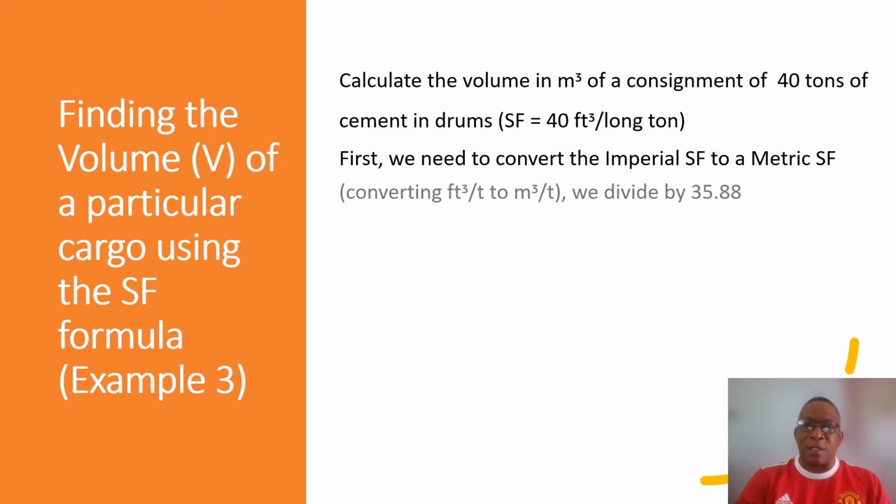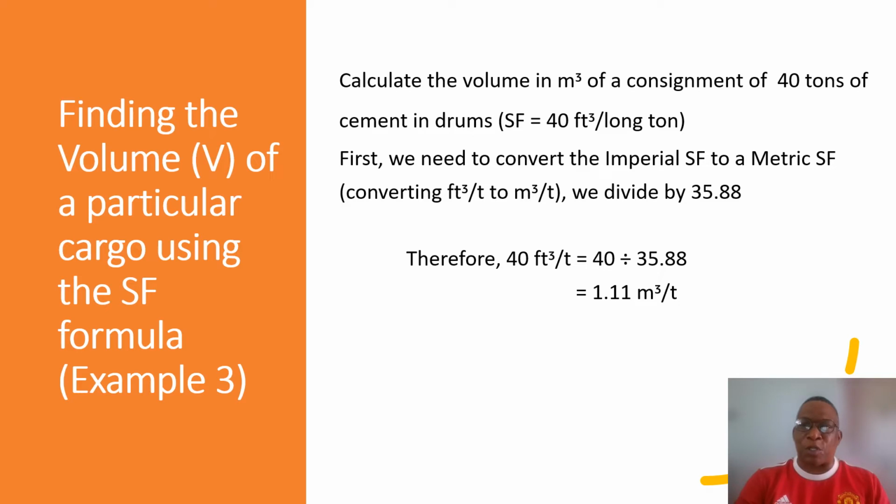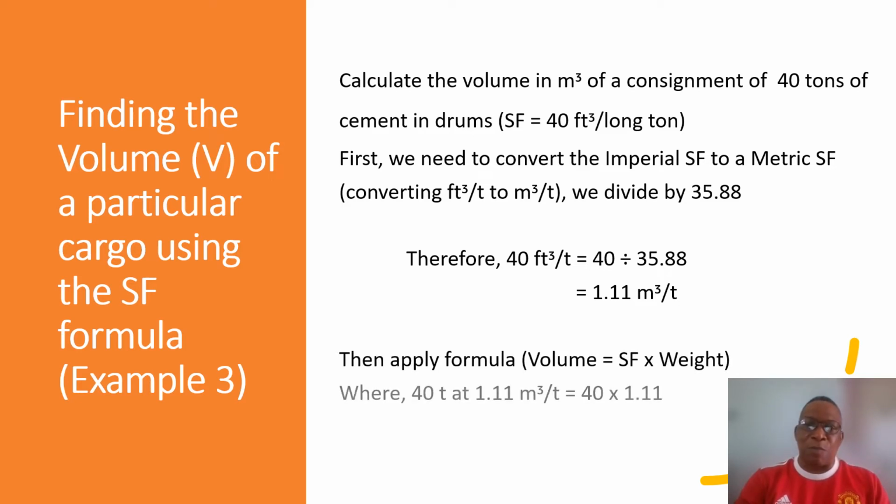So first, we will convert by dividing 40 cubic feet per ton by the 35.88, and this gives us 1.11 cubic meters per ton. Then we just apply the formula, volume equals stowage factor times weight, and we'll have 40 at 1.1 cubic meters per ton, which is 40 times 1.1, giving us 44.4 cubic meters.